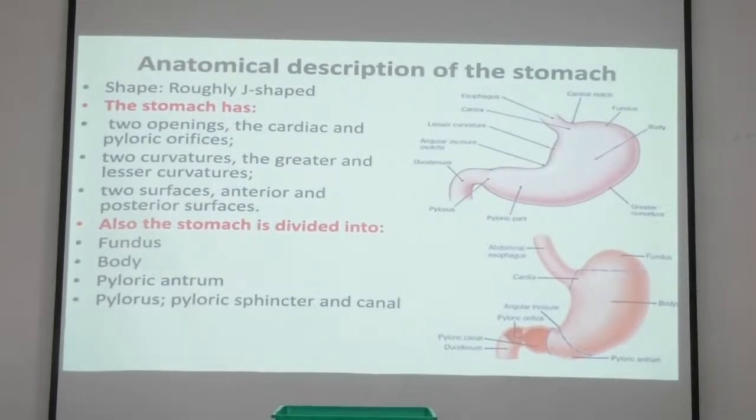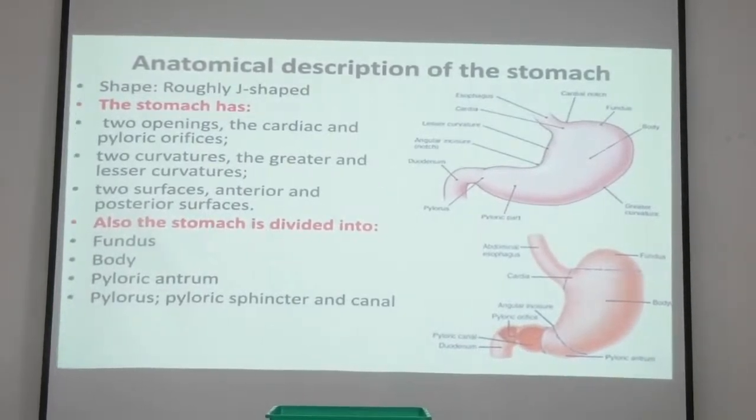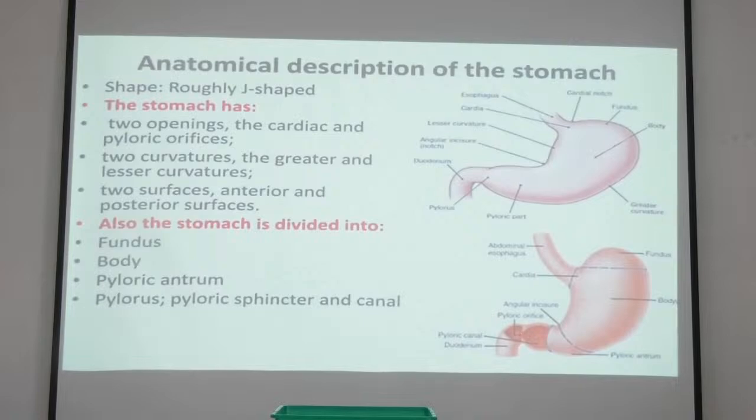So this is the cardiac opening and here lies the pyloric orifice. It has two curvatures, the greater and lesser curvature. This larger one is the greater curvature and this one is the lesser curvature.